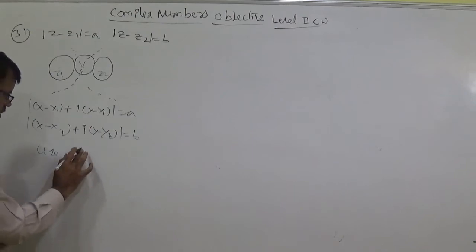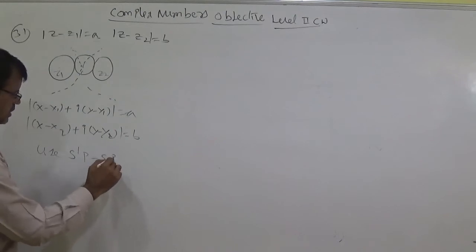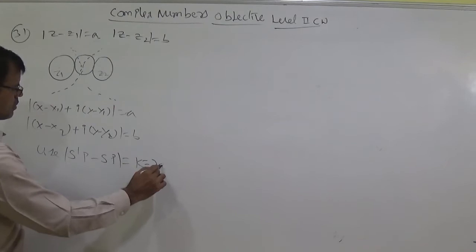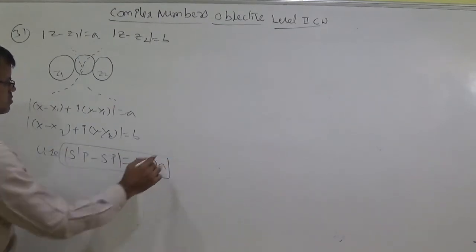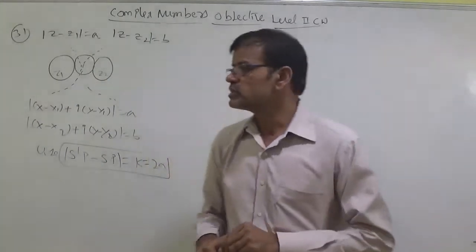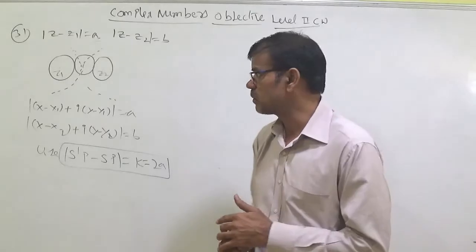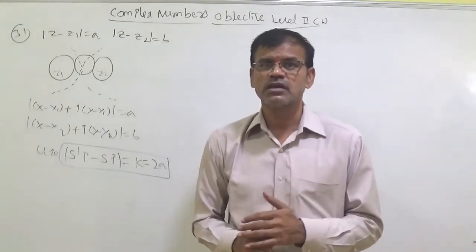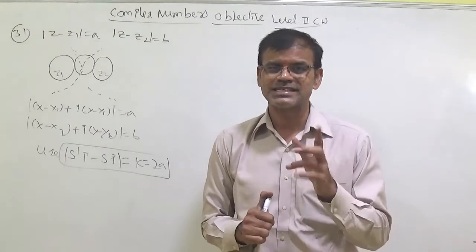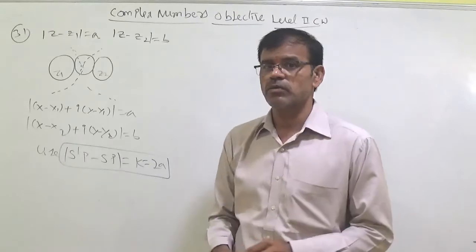The concept I am discussing with you is that S dash P minus SP is equal to 2A. This is the hyperbola concept. The proof is also there in the hyperbola objective synopsis, and in the hyperbola CUQ, that is conceptual questions, the 17th question has the proof, after completion of the hyperbola concept.